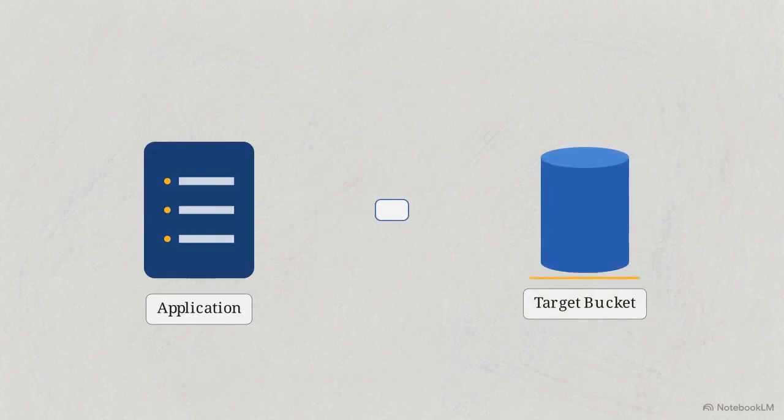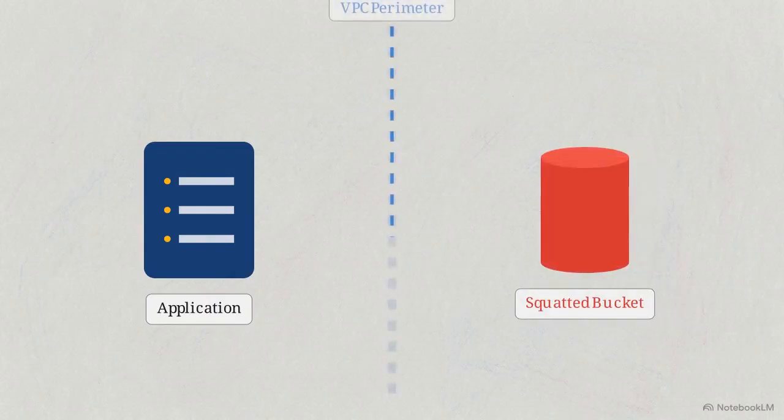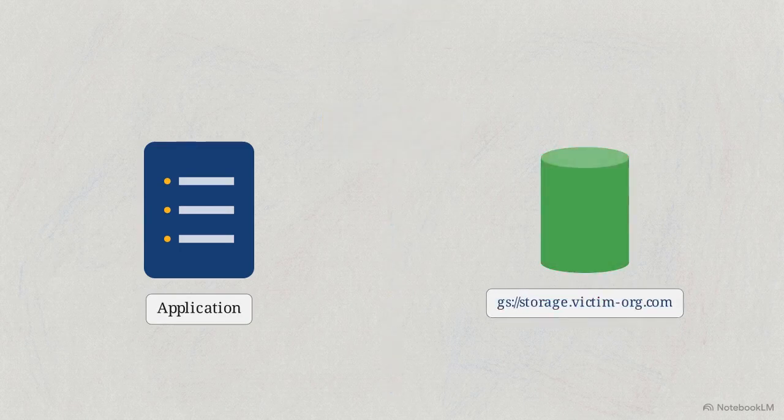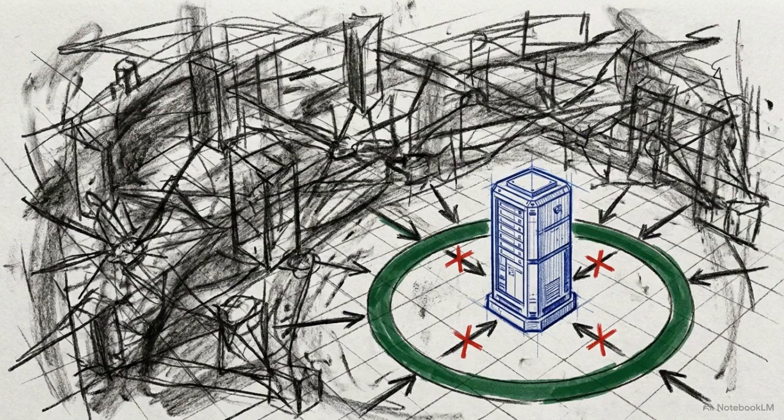Architecturally, you can deploy VPC service controls to restrict perimeters, actively blocking data flow to unauthorized external buckets. Furthermore, utilizing domain-named buckets forces strict domain ownership validation, removing the predictable naming risk altogether. In a multi-tenant cloud environment, true security requires zero trust, even when dealing with the platform's own default automated configurations.